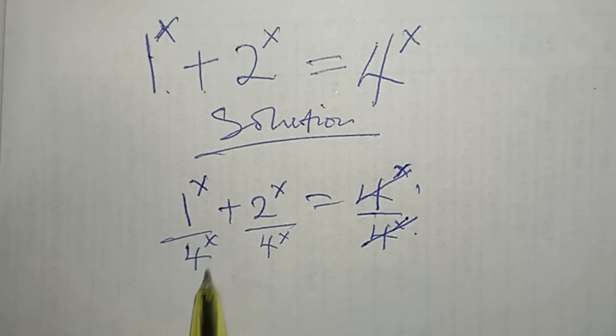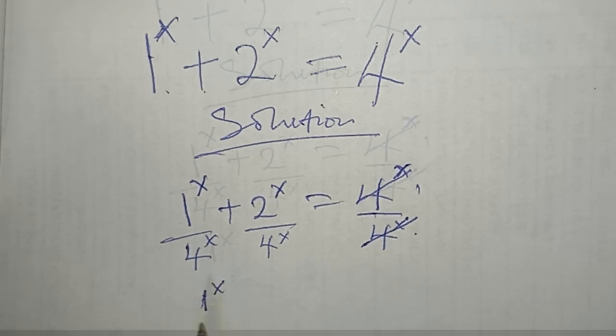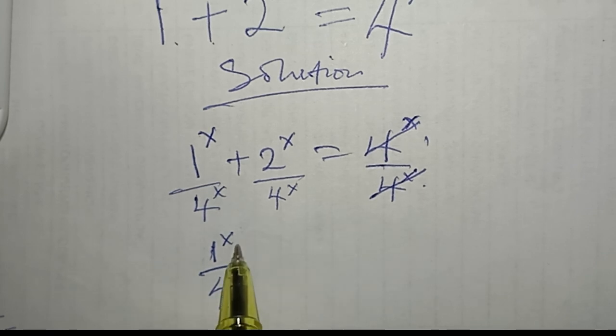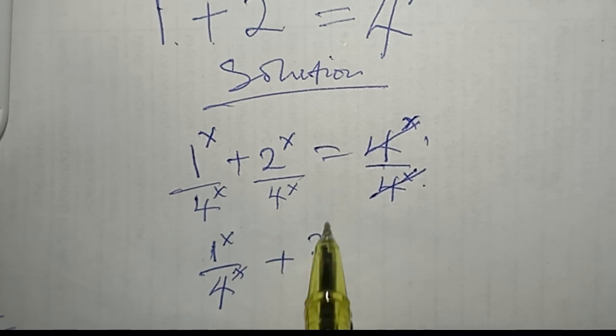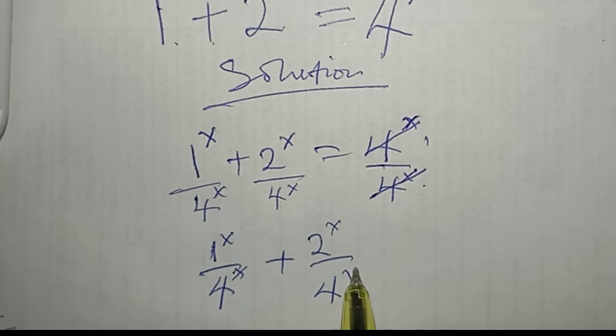So I now have 1 power x divided by 4 power x, and of course plus 2 power x divided by 4 power x, and it's equal to 1.